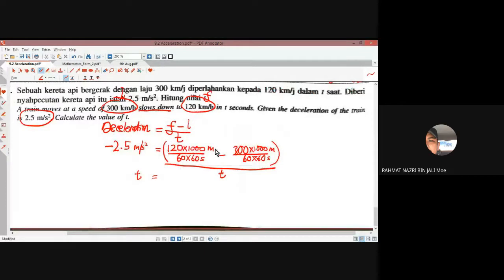Bila kita settle ini in the bracket, we get negative 50, negative 2.5. So T is equal to 20 seconds.